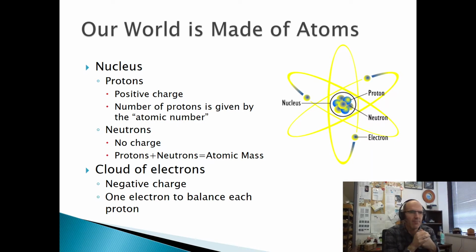The atom is made of a nucleus, which comprises of protons and neutrons, surrounded by a cloud of electrons. And really, what that actually means is that an atom is mostly empty space. And in fact, you and I are mostly empty space.